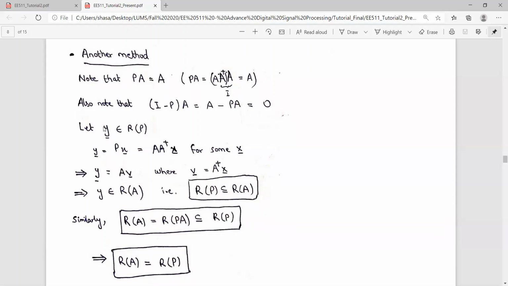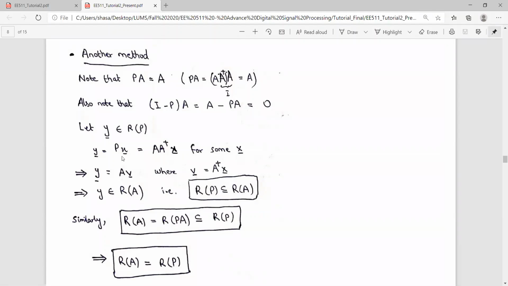So we take an element from the range space of P. So y is equal to Px by definition of range space, which is equal to A pseudo inverse times x for some x. And if we change this A pseudo inverse times x into another variable v, then y is equal to Av.